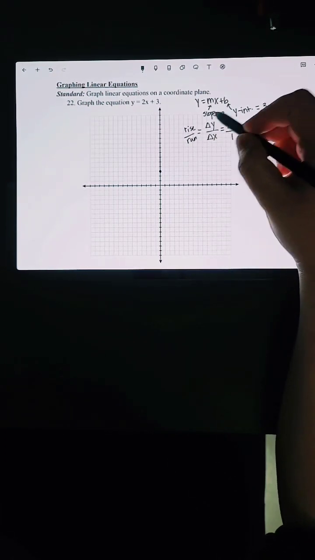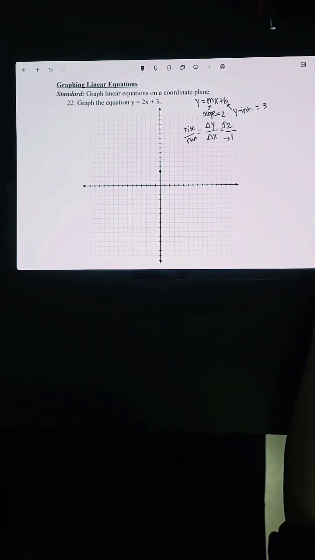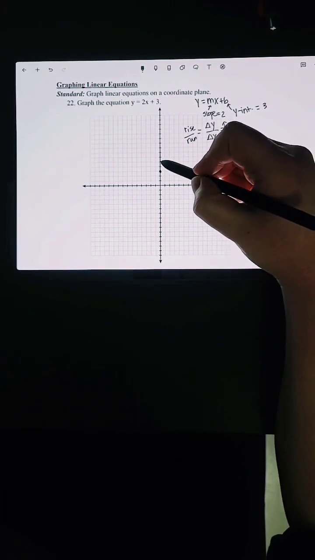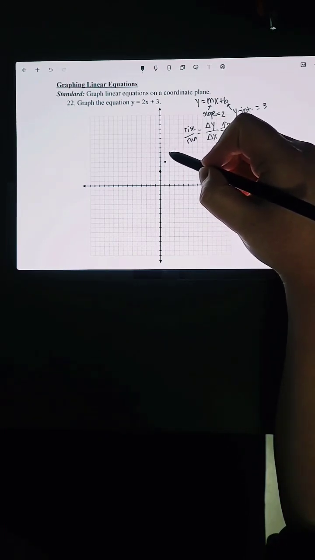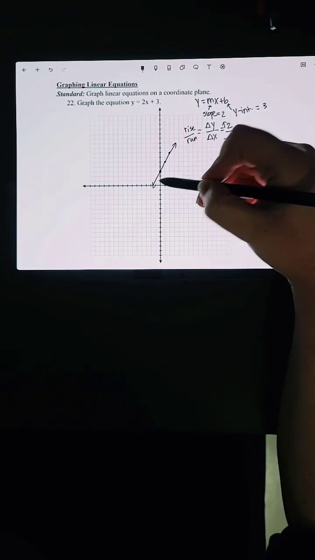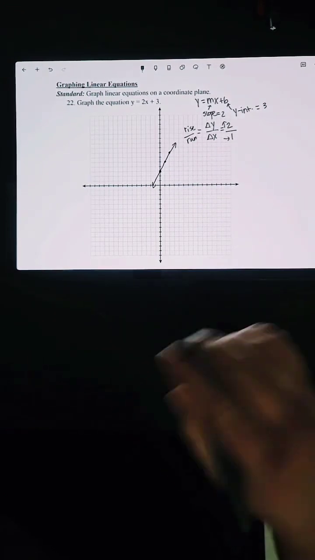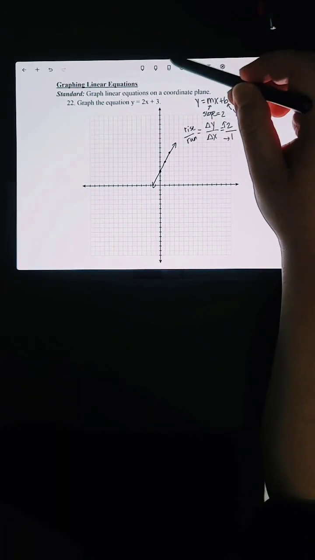So that means I have to go up 2 and right 1. So up 2 and right 1, and that's how you can see how the graph goes. So that would be an example of one of those.